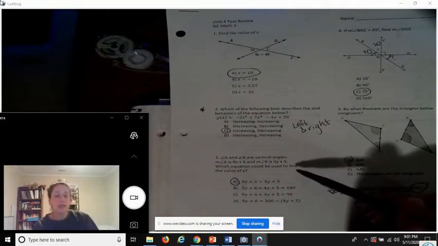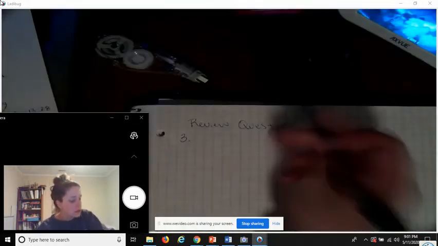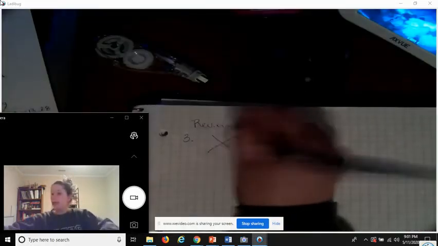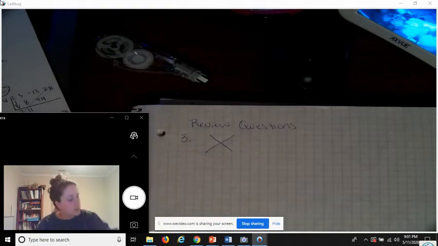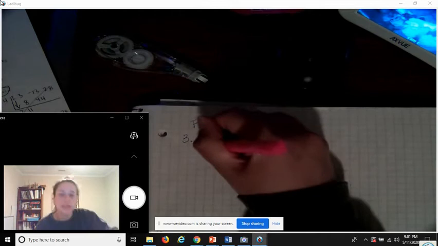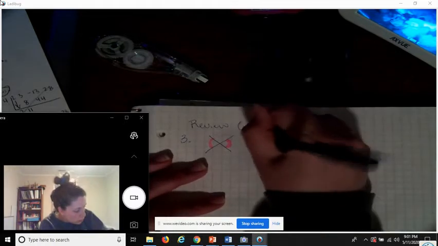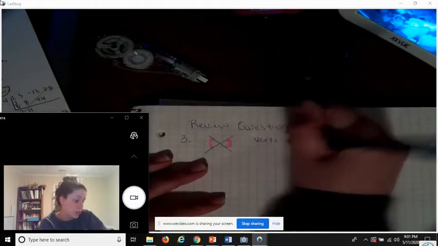Now for this one, we need to remember that vertical angles are angles like this angle right here and that angle right here. They're right across from each other, and vertical angles are equal, or congruent is the correct word.